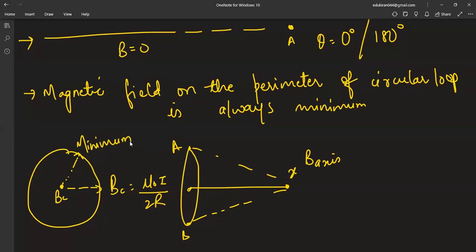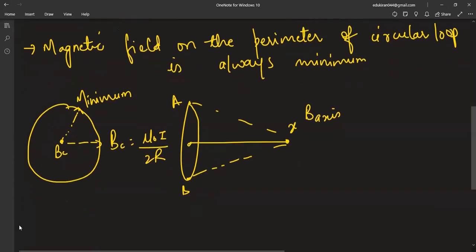Why is this important? This is not important for your numericals. Nowhere in the numericals will you need it, but in statement-based questions, some additional things are asked. One more thing: one question also came a long time back in the previous years, regarding magnetic field lines.